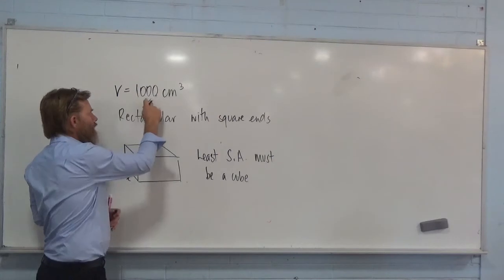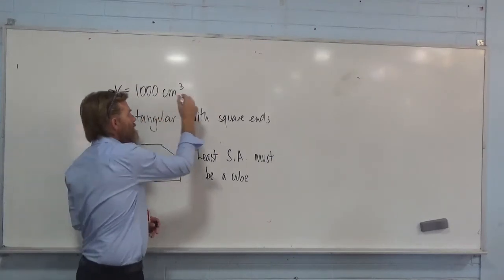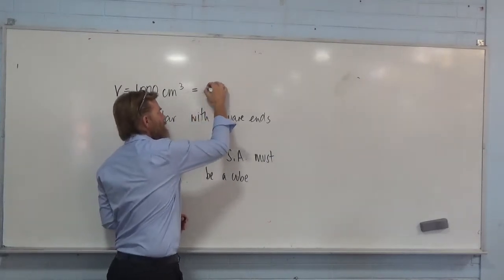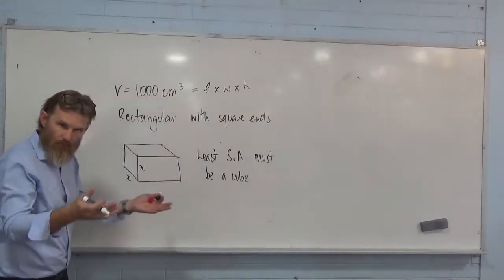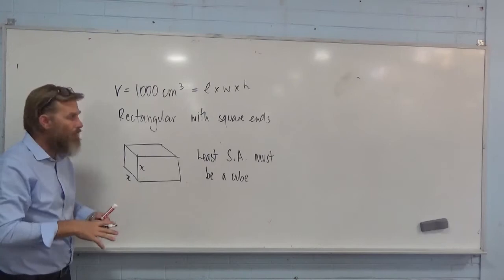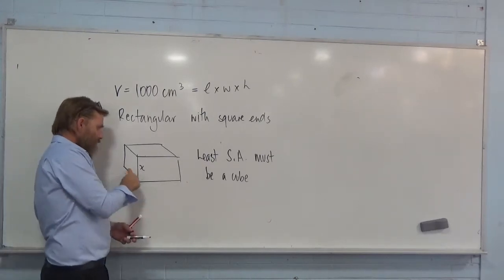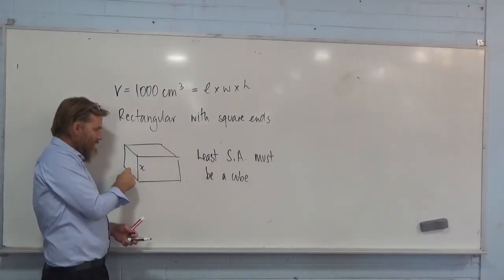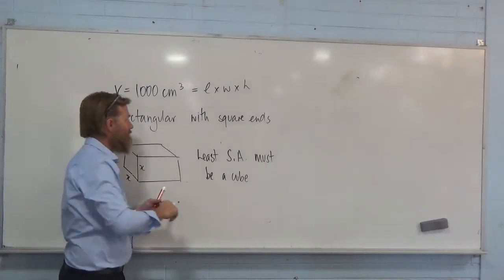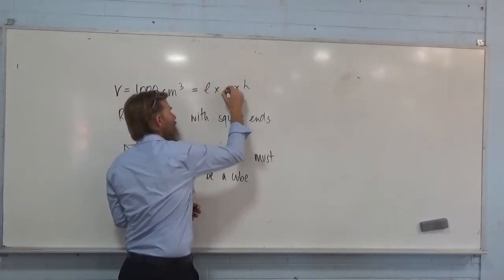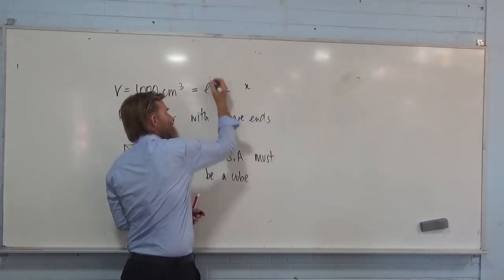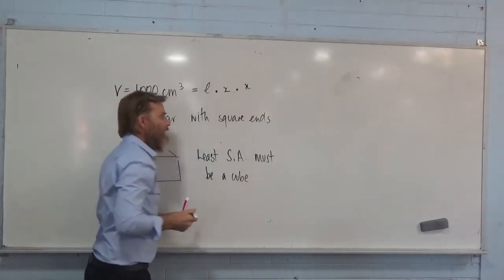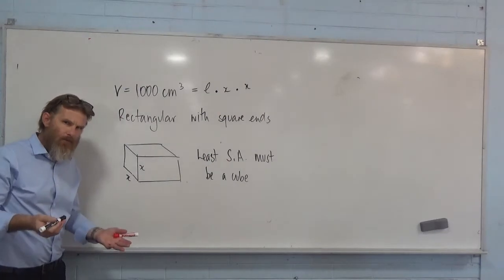Now, because the volume equals 1,000 centimeters cubed, doesn't the volume equal length by width by height for any shape, rectangular, prism, etc.? Now, I've already listed call this the width as x and the height as x. So the width is already x and the height is already x. Let me change these to dots so we don't get confused. So aren't I already there?